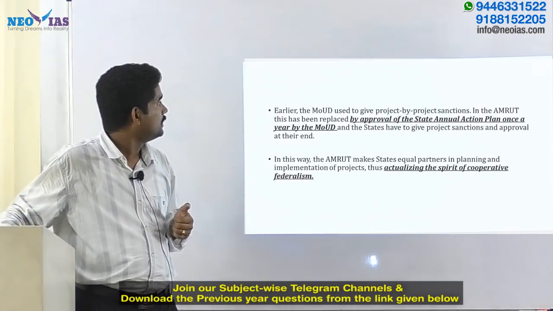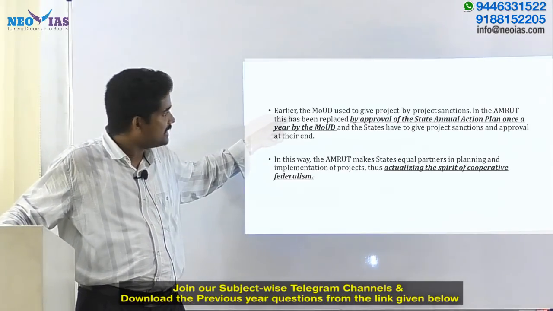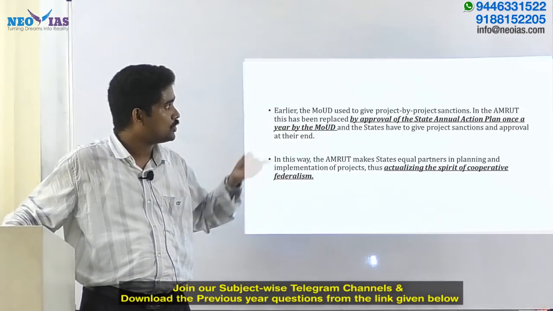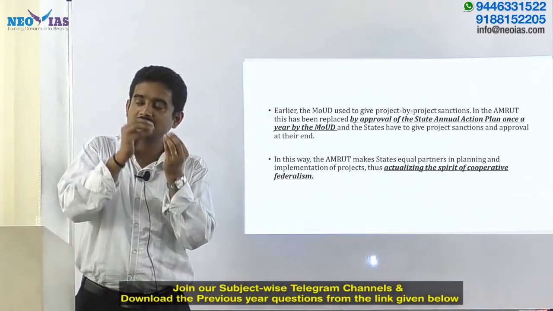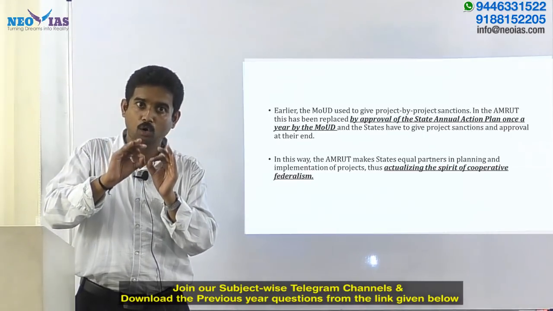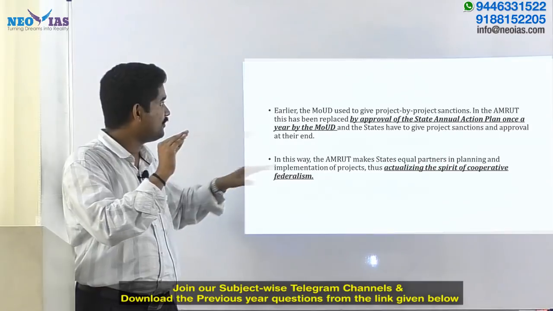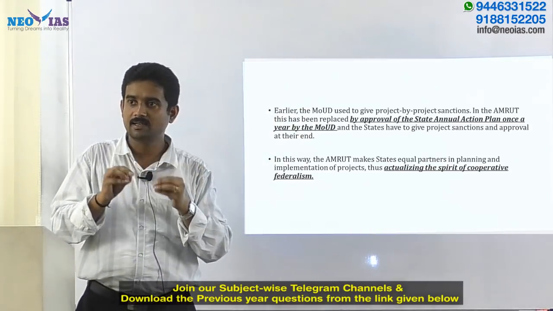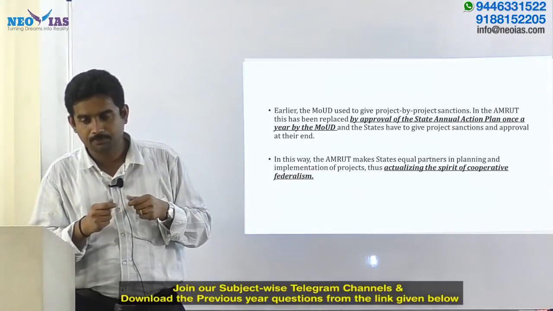Earlier, the Ministry of Urban Development used to give project by project sanction. So Amrut is an initiative wherein there is a good mode of cooperative federalism between the state and the central government. The crux is this.